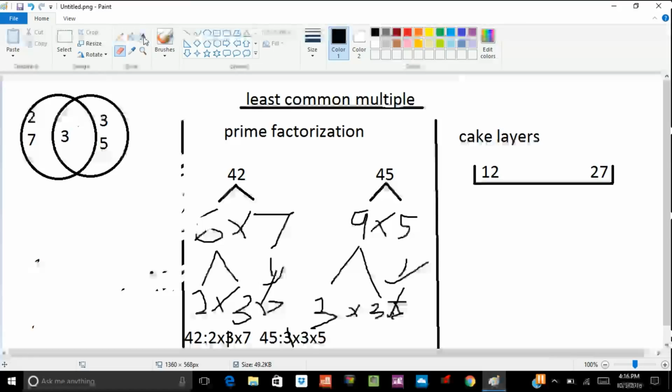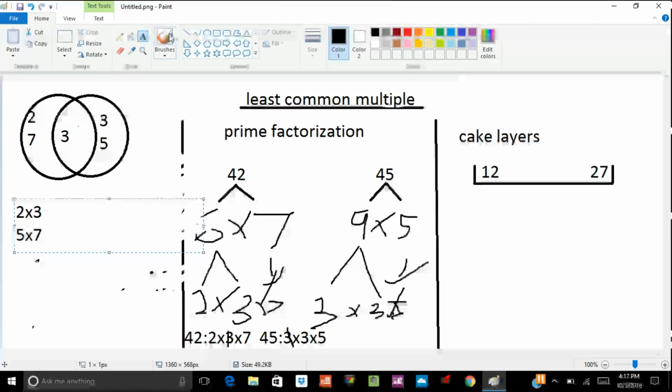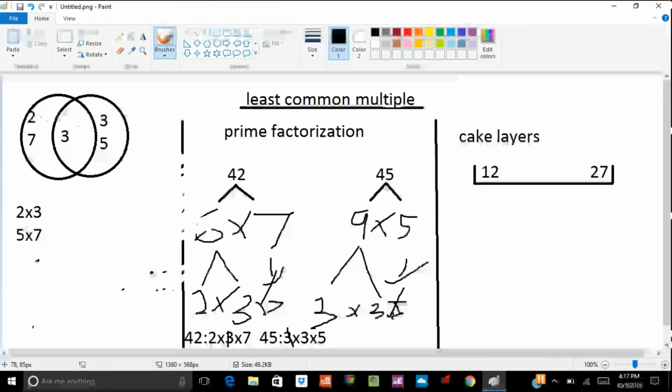Oh my goodness, that is so hard. So we need to do 2 times 3. Then we do 5 times 7. So we have 2 times 3 and 5 times 7.